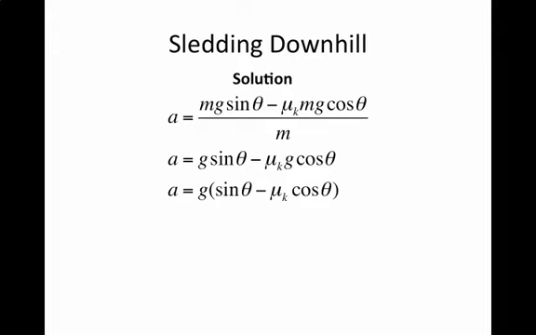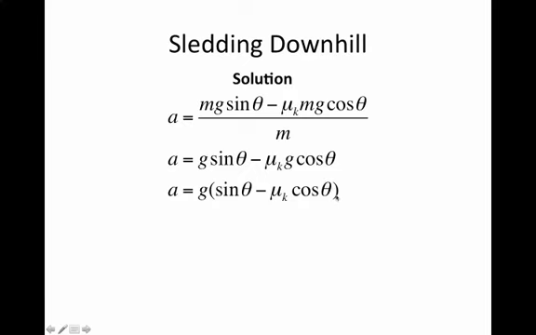And then lastly, what would happen if my angle were 0 degrees? Well, sine of 0 is 0, so I get 0, and then minus mu k cosine theta.